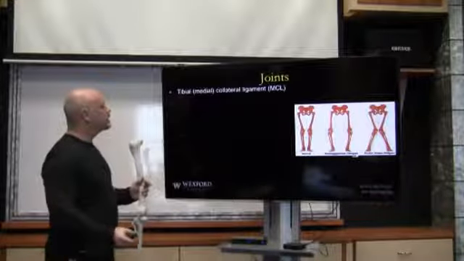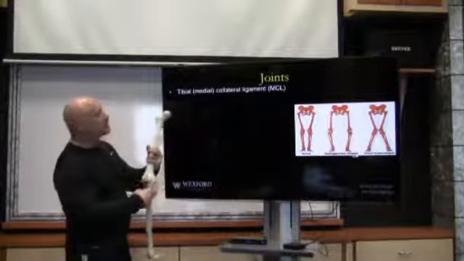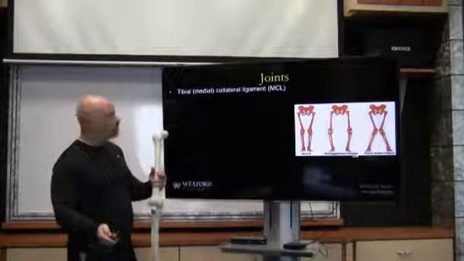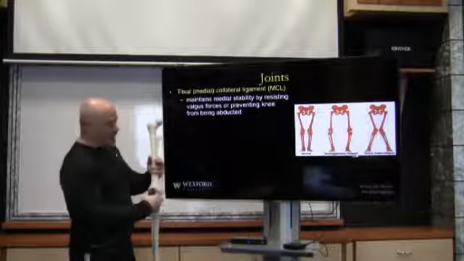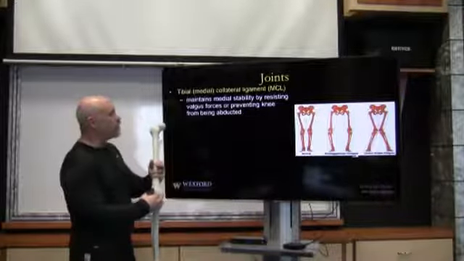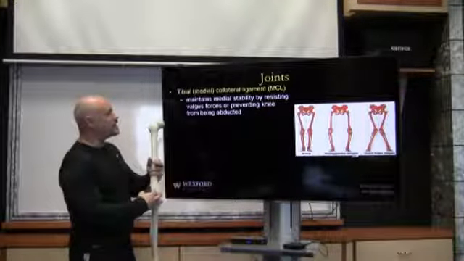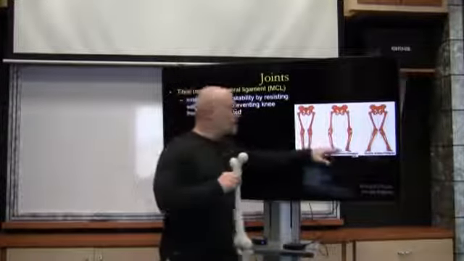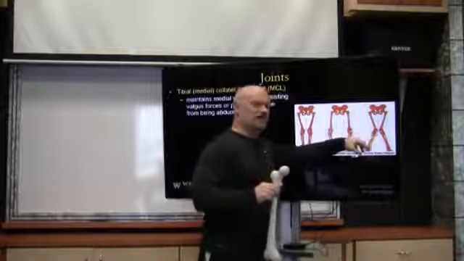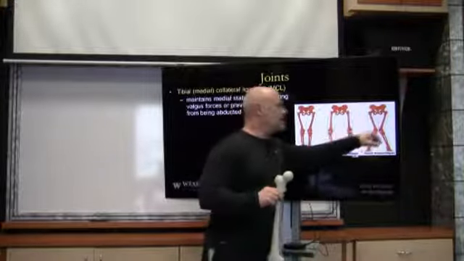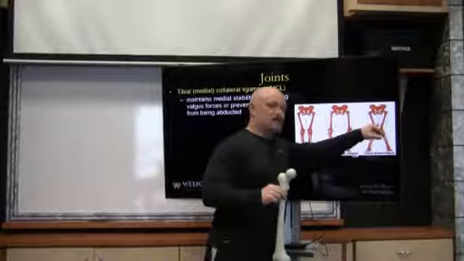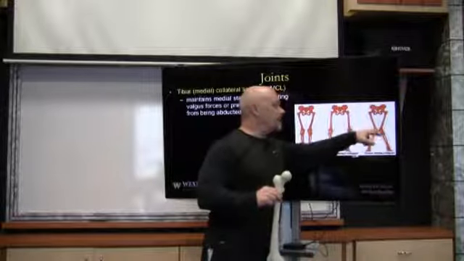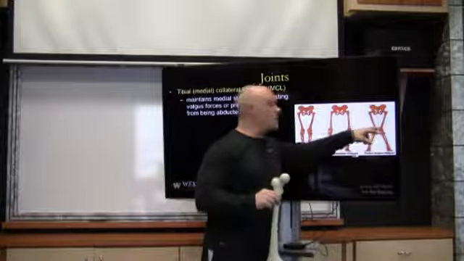Now, the tibial or medial collateral ligament, the MCL, maintains medial stability by resisting valgus forces, or preventing the knee from being abducted. Now, let's look at valgus. Remember, the knees are buckling in. Let's think, okay, well, it's abducting, but it looks like the end of the femur is going in.